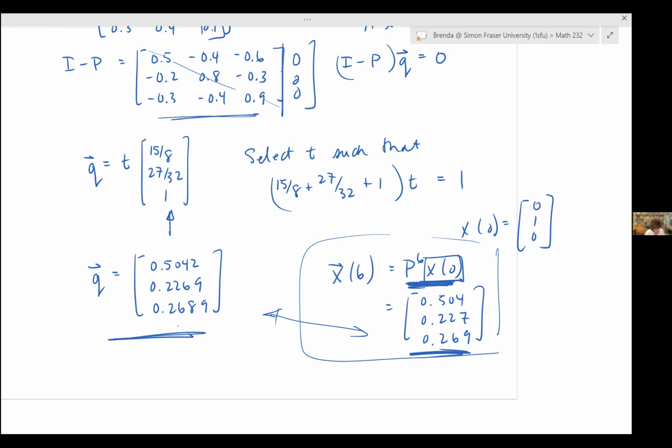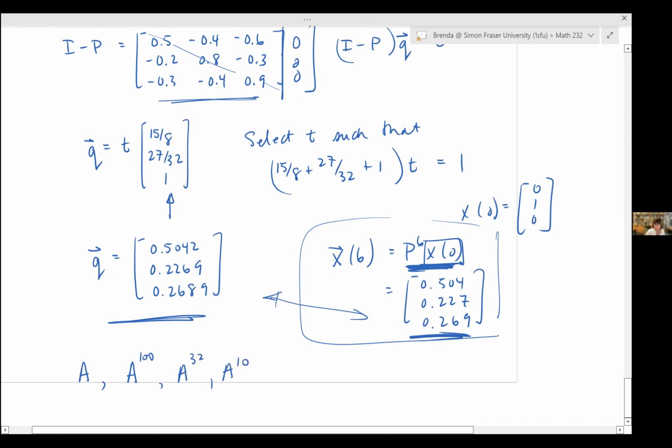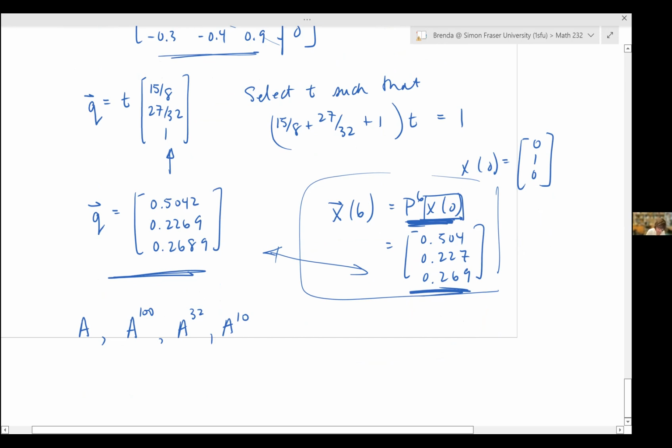Okay, so this is yet a second example. So we saw if we have a matrix A, we have reason to want to find these sort of things. Okay, we have reason that we want to find large powers of matrices.